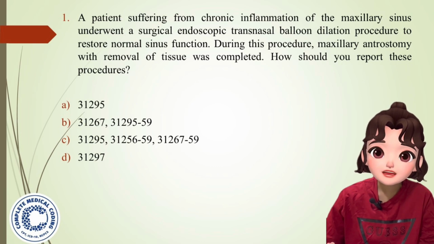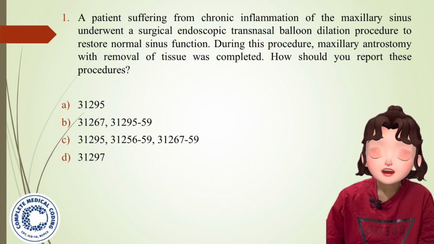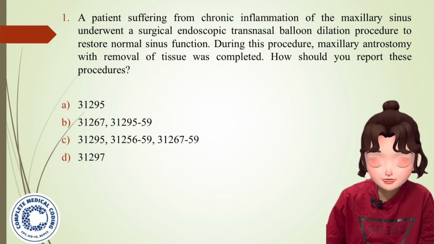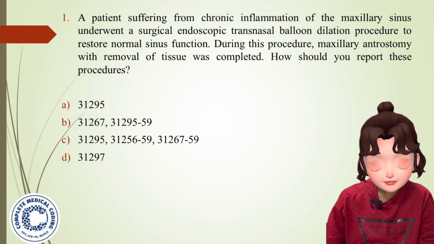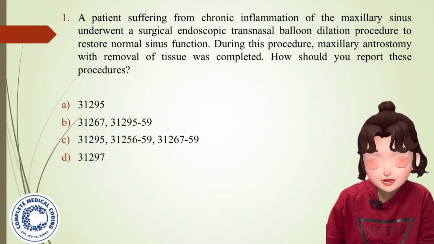If you check option C, 31295, again 31256 is there, 31267 is there, everything is there. That is also wrong. And if you take option D, 31297, what is 31297? Nasal endoscopy with dilation of sphenoid sinus ostium, example balloon dilation of a sphenoid sinus.